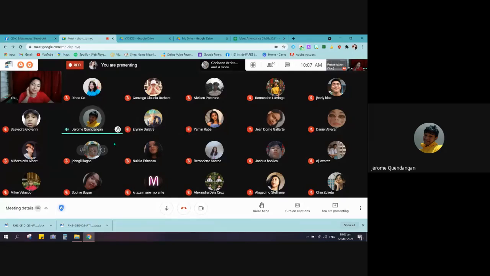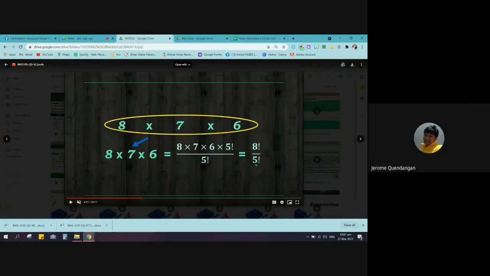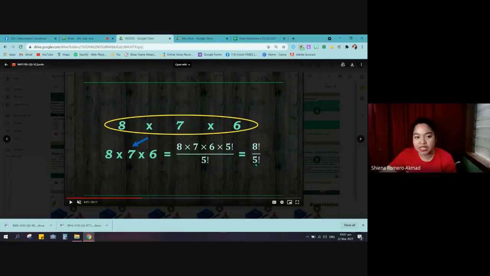Yung 8 parang siya yung total number of objects. Tapos yung 5 nakuha siya ma'am sa difference ng total number of objects minus objects taken at a time. Okay. So, ang sinasabi ni Kendangan is that, simple lang, yung 8 ay yung number of items. Ilan ba yung items? 8. Okay?